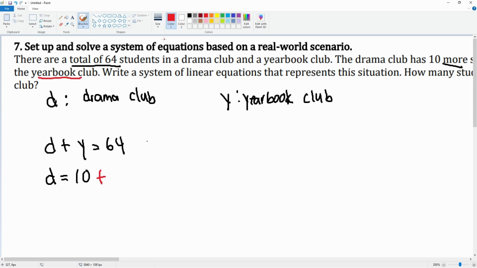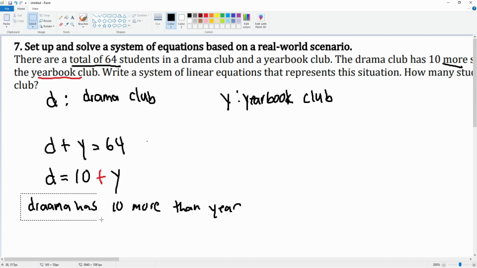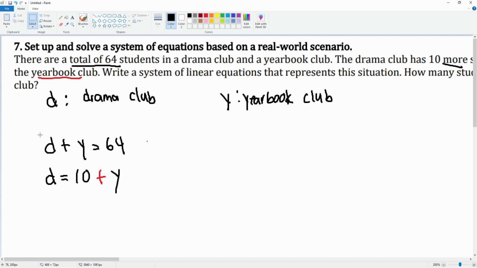So the second equation is drama has 10 more than yearbook club, D equals 10 plus Y. The top one is drama plus yearbook equals 64. There you go. That's our system.